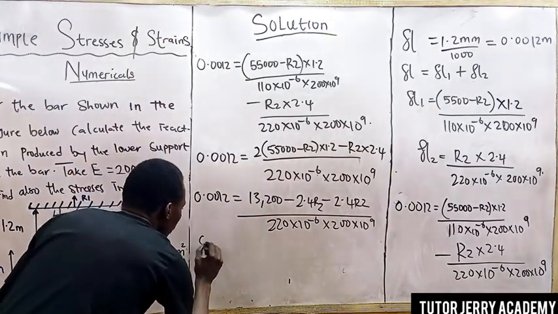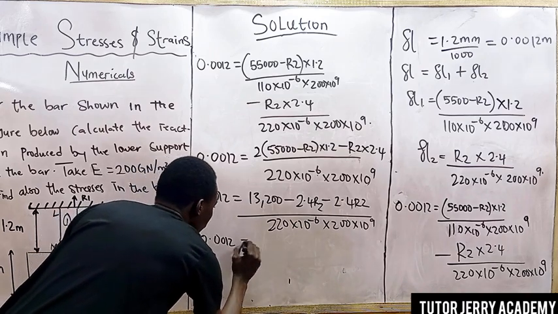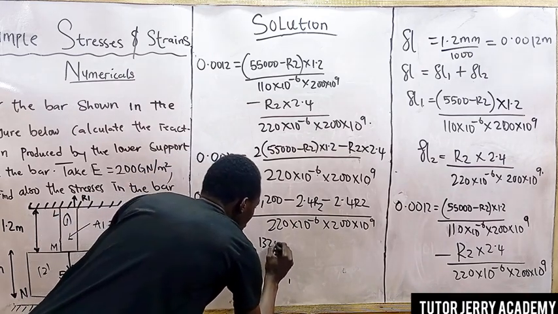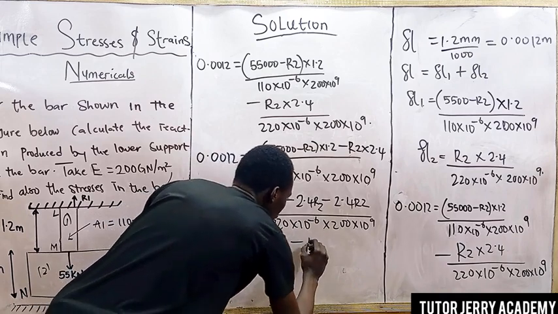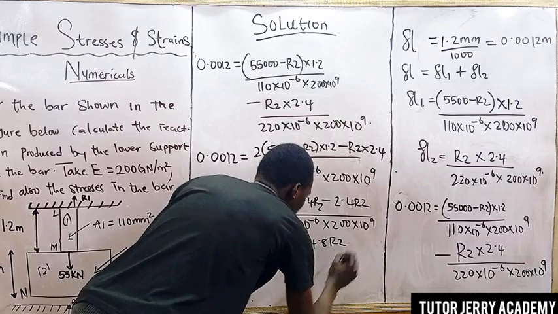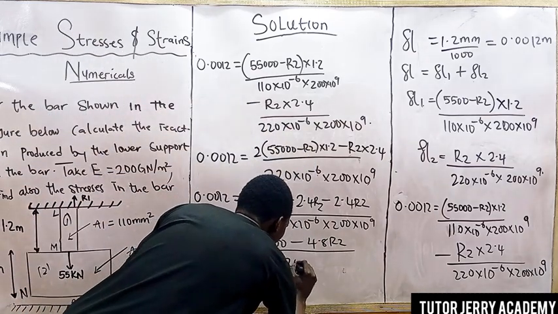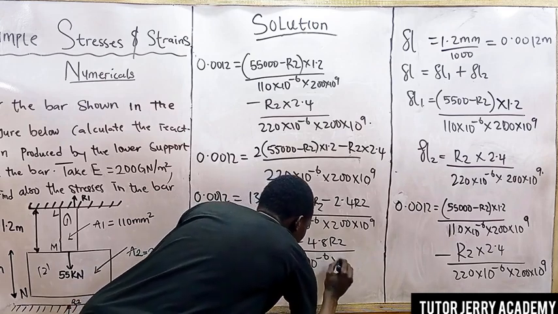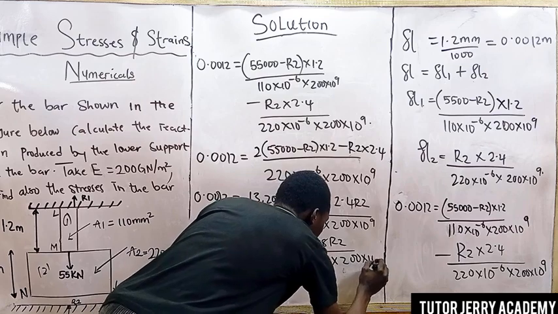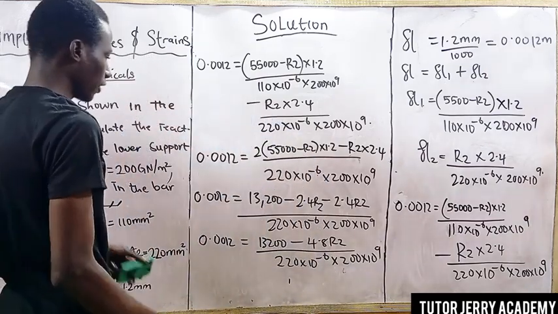So this equation will become 0.0012 is equal to 13,200 minus 4.8 R2 all over 10 to the power of minus 6 times 10 to the power of 9.